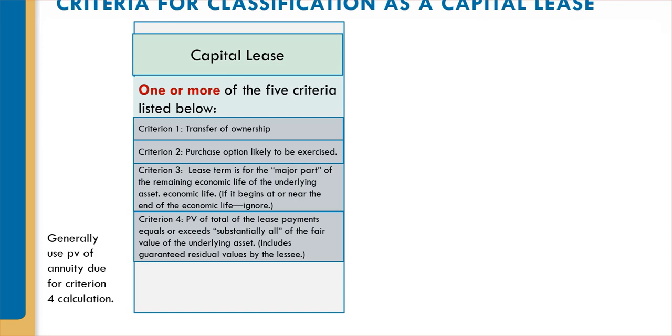Another way to look at the value situation is in criteria 4. And criteria 4 tells us that the total amount of the payments which are being made is equal to almost or all or even more than the fair value of that asset.